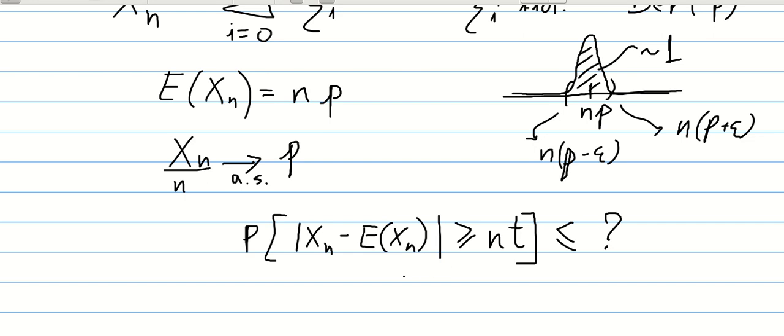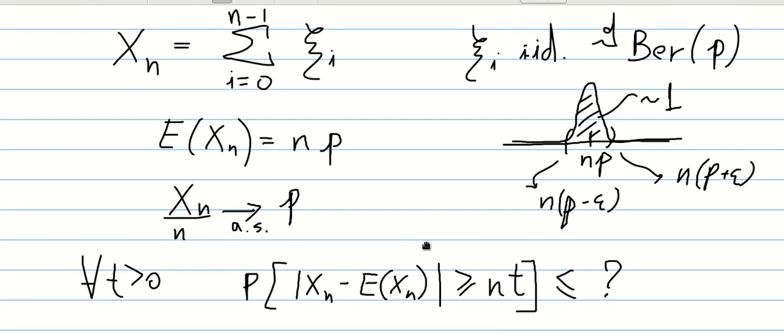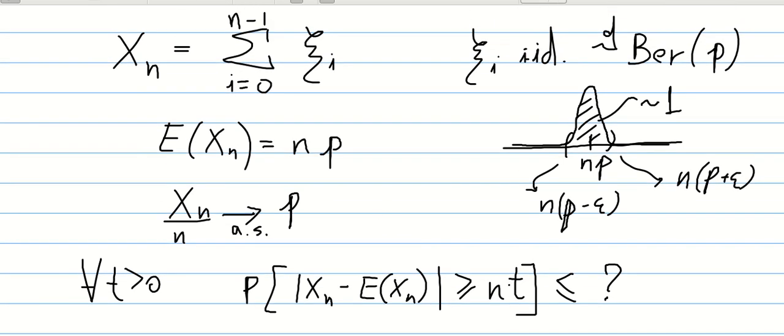We don't want just to say that it goes to 0. For every t which is positive, we know this goes to 0 by the weak law of large numbers. But we want a quantitative estimate. And now we're going to start giving quantitative estimates about this, starting with this simple case of the sum of Bernoulli random variables.